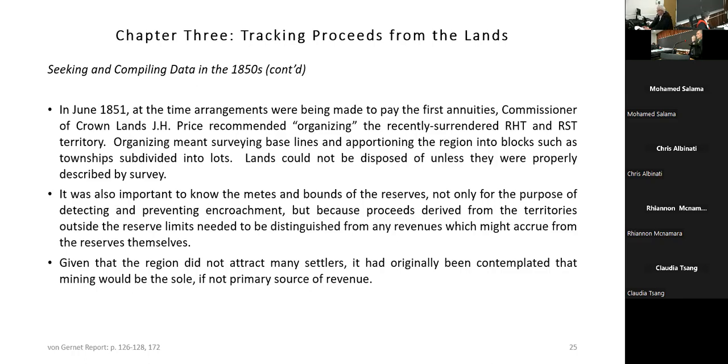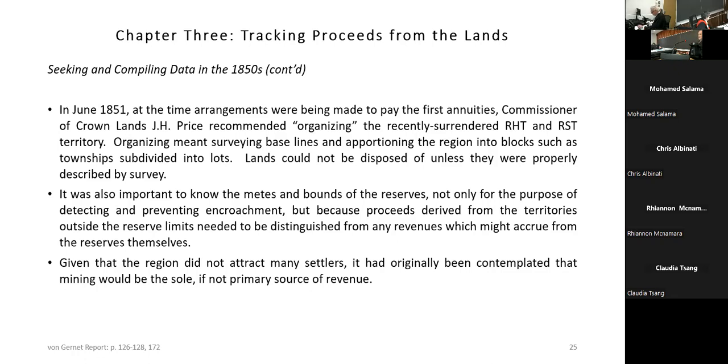So in order to do any kind of land sales, you need to survey. And this whole territory had never been surveyed prior to the 1850s, with the exception of the few mining locations which were extant at the time of treaty.